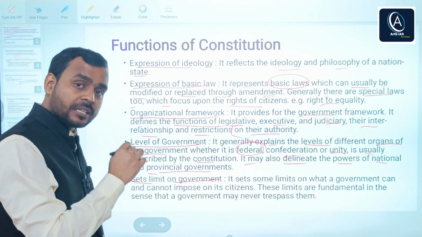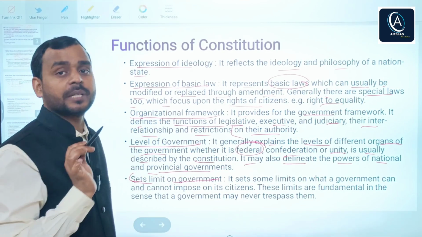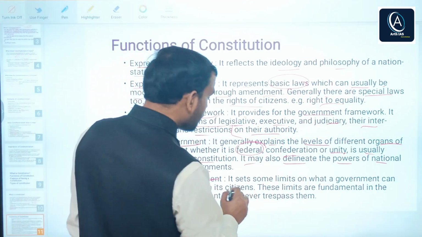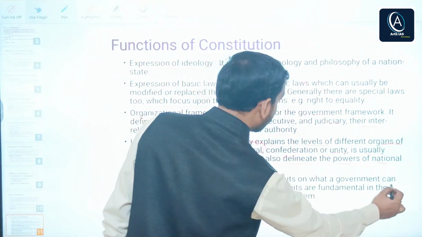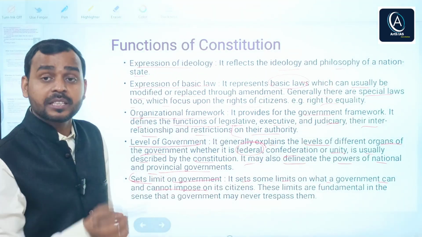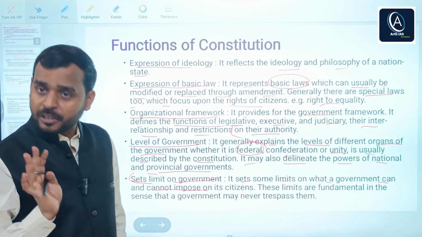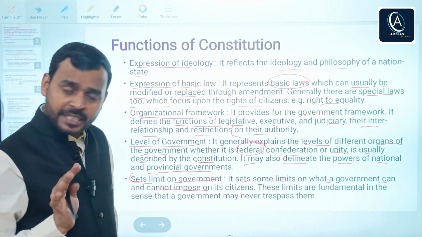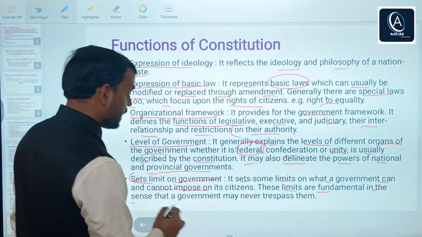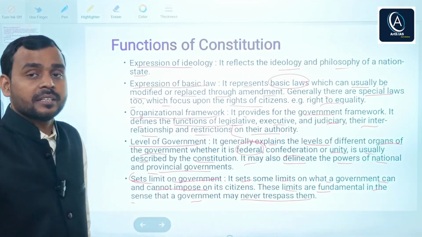And if it acts arbitrarily, there is an independent judiciary to check the actions of government. So it sets some limits on what a government can and cannot impose on its citizens. That's why we have due process of law, and procedure established by law. These limits are fundamental in the sense that a government may never trespass them.